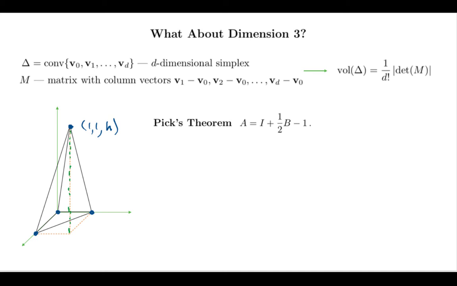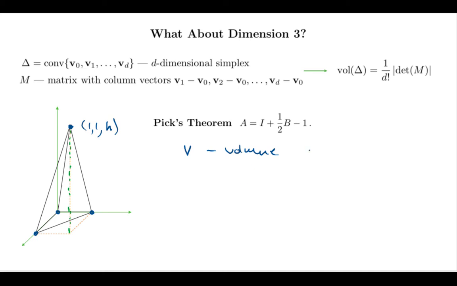If there were such a relation as Pick's theorem in 3 dimensions, the analog of area is the volume, maybe let's write this as V. And then, of course, I could again count interior integer points and boundary integer points.